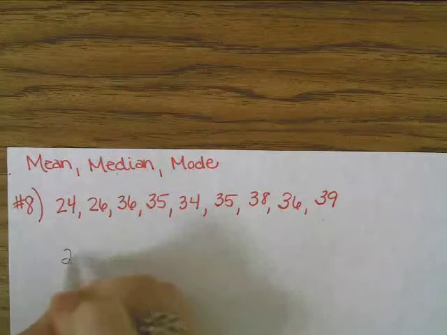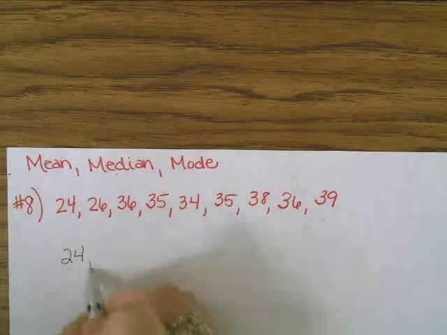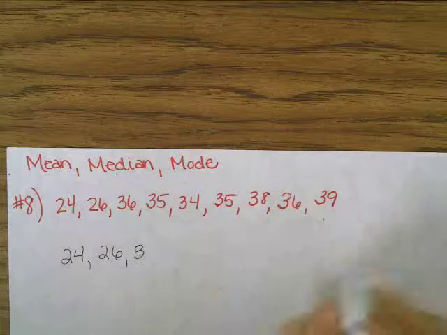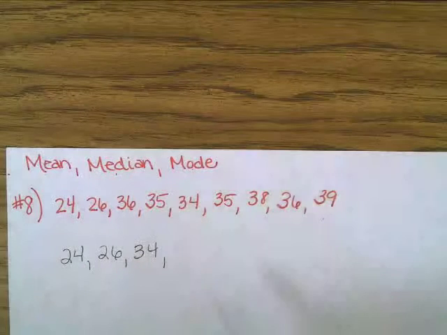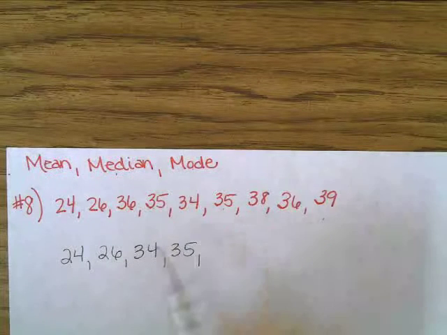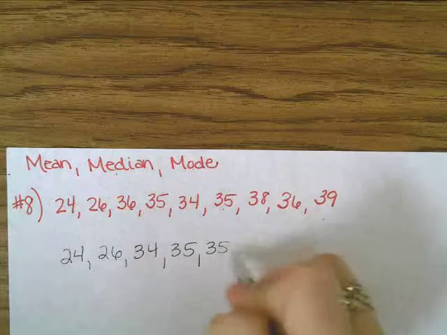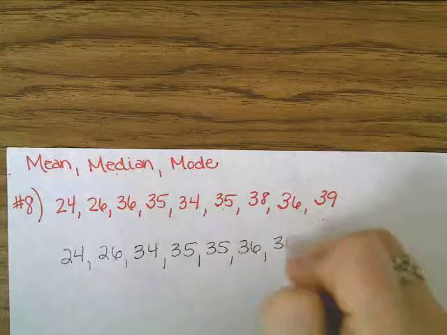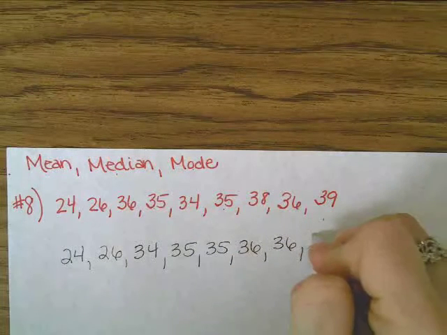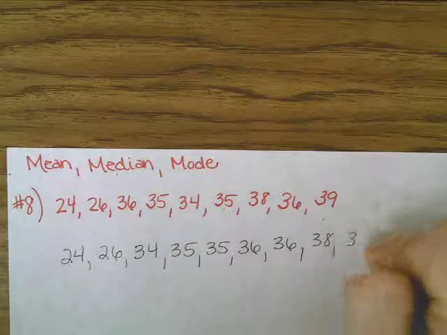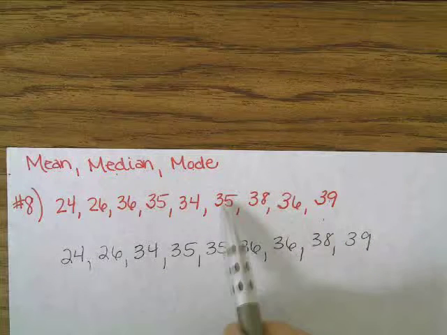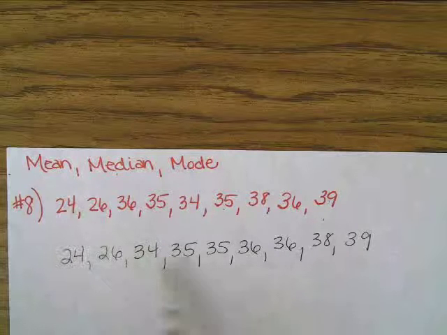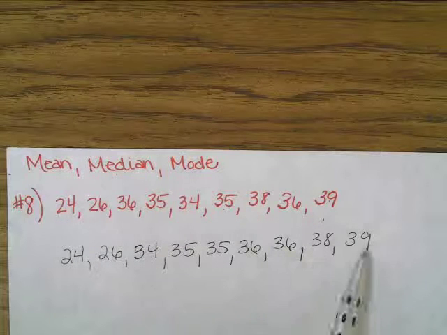So I'm going to reorganize mine: 24, 26, 34, and I have a 35, and another 35, and then I have a 36, and a 36, and a 38, and a 39. That's 9 numbers.